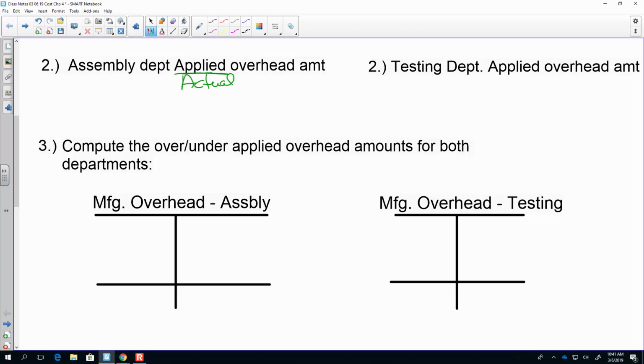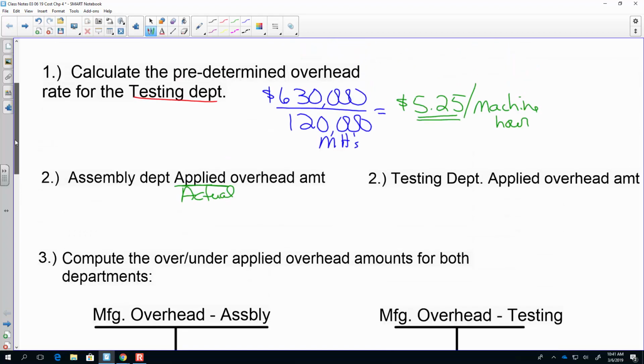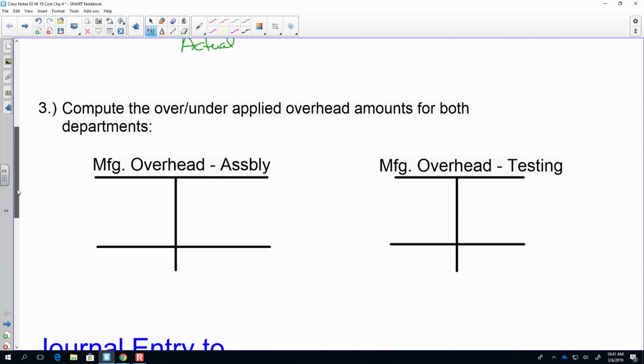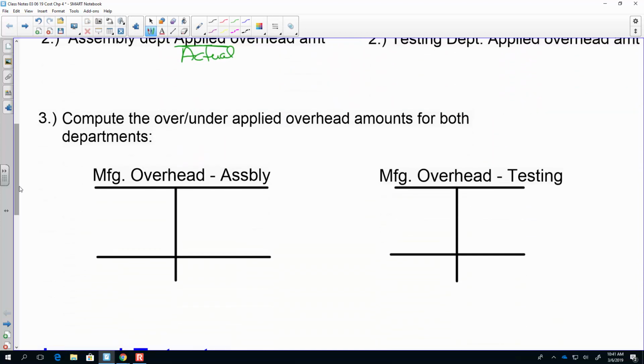So for the assembly department, I'm going to take my rate. My rate was $2.60 per direct labor hour. What am I multiplying that? What actual number do I need here? 11,700 hours. Does that look good?